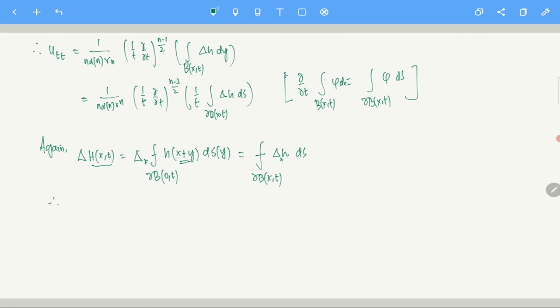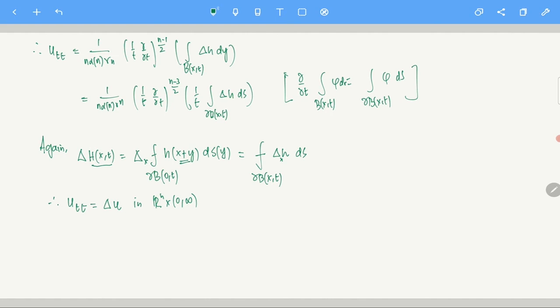Therefore, you can see that u_tt equals Laplacian of u in ℝⁿ × (0,∞).